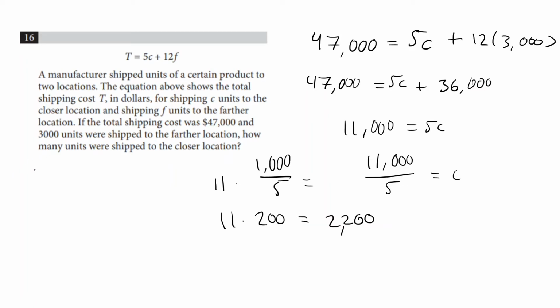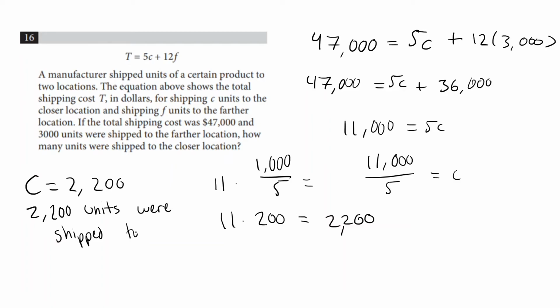So, alright. So the final answer is that C is equal to 2,200, or you can write this out that 2,200 units were shipped to the closer location. Apologies for my bad handwriting. Using a drawing pad isn't super easy.